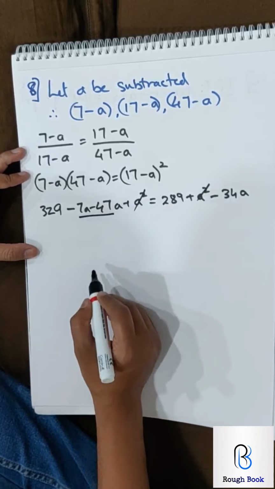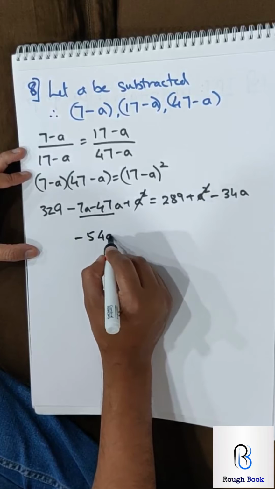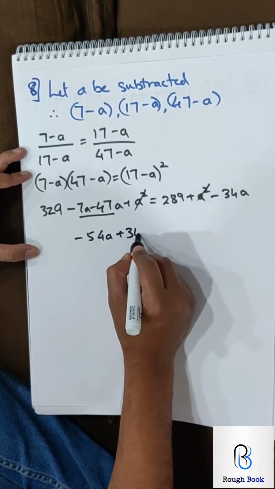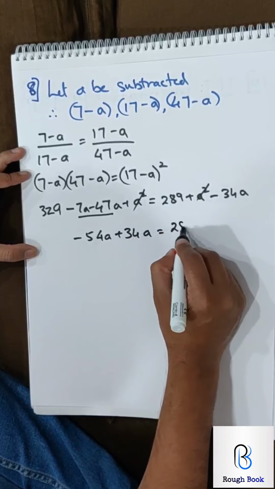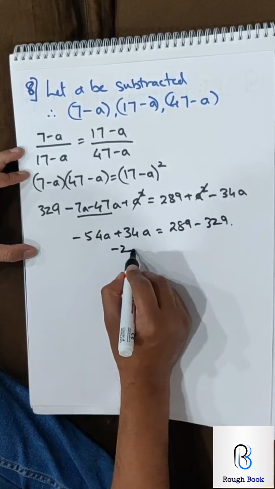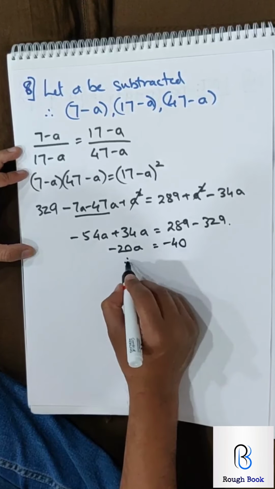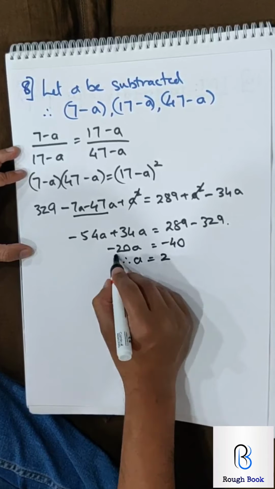Now both a's together, minus 47 minus 7, so minus 54a. Getting this on the other side, so plus 34a. 289 minus 329. So here the difference is minus 20a and over here the difference is minus 40. So I get my answer as 2.